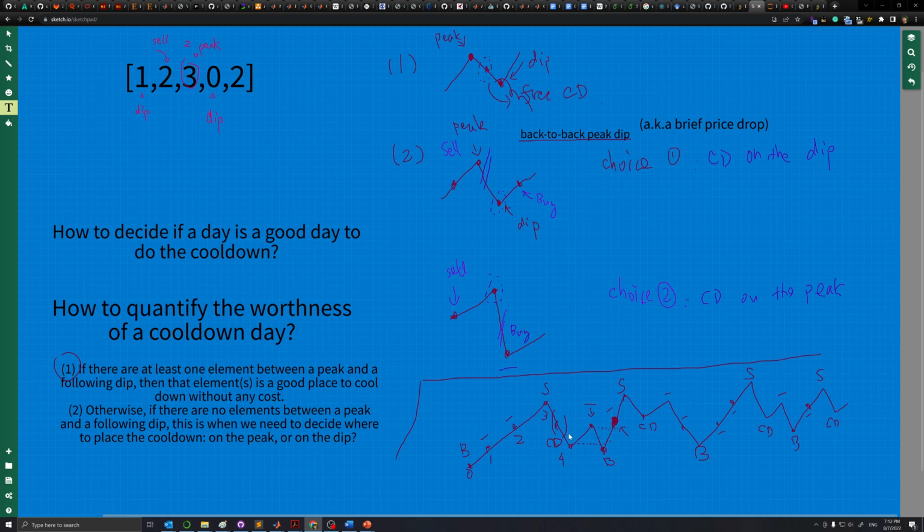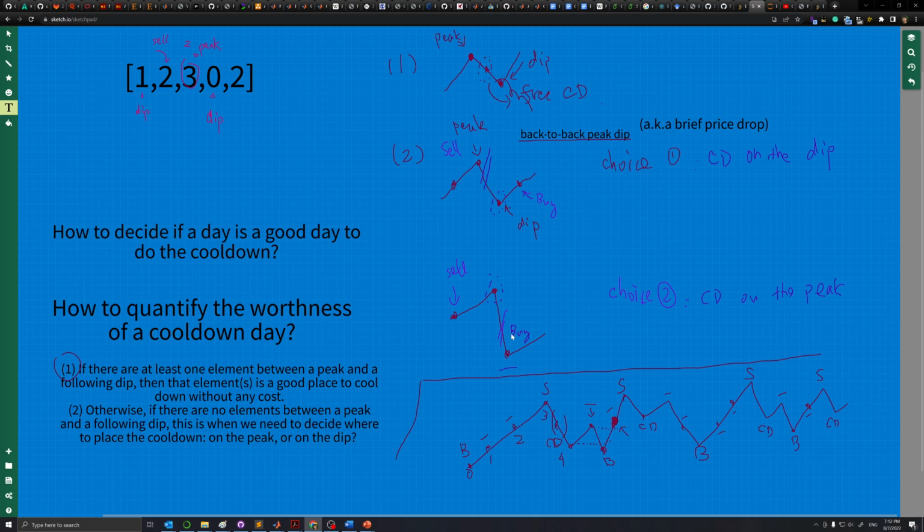Anywhere else, the decision is self-explanatory and straightforward. I would just follow the buy dip, sell peak heuristic, the step by step, very short-sighted decision heuristic. We can get it done, but it's only at these back-to-back peak to dip drops that we have to make a decision.